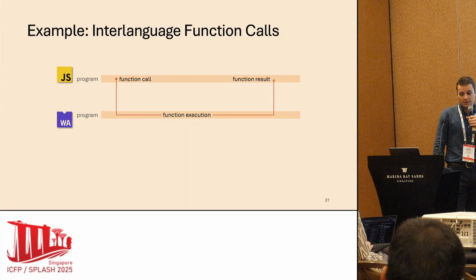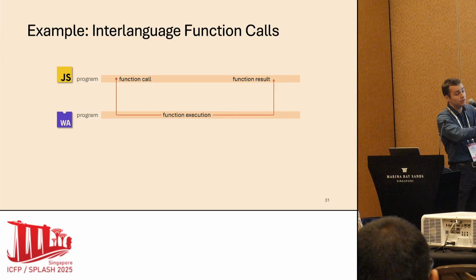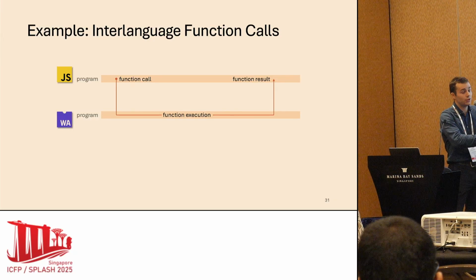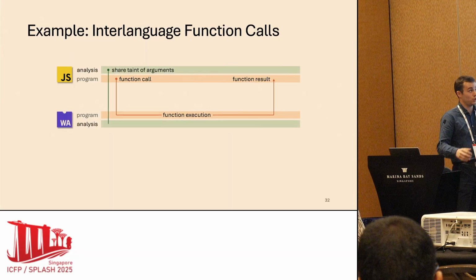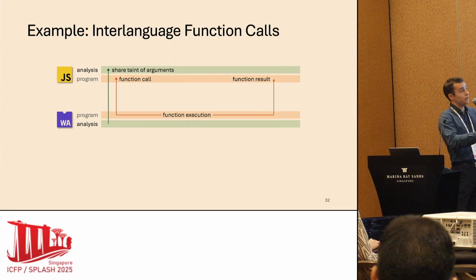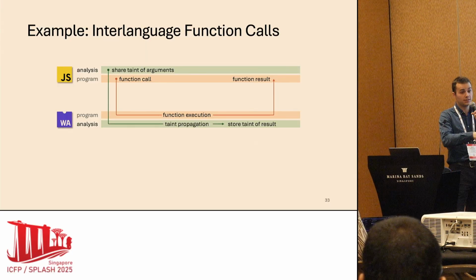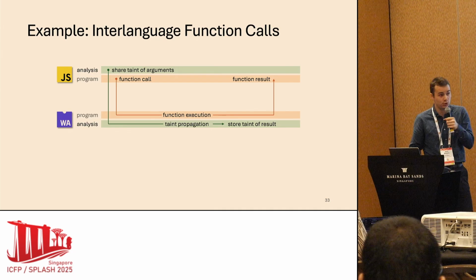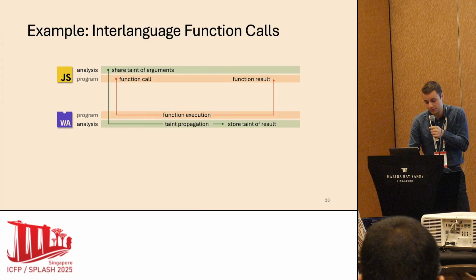So let's say that we have a function call in JavaScript. It calls into WebAssembly. On the WebAssembly end, it performs the function execution and eventually returns the result. The orchestrator, before that function call takes place, shares the taint of the arguments. Then, during the execution at the WebAssembly side, taint is propagated, and eventually the taint of the result is also stored on the WebAssembly side.